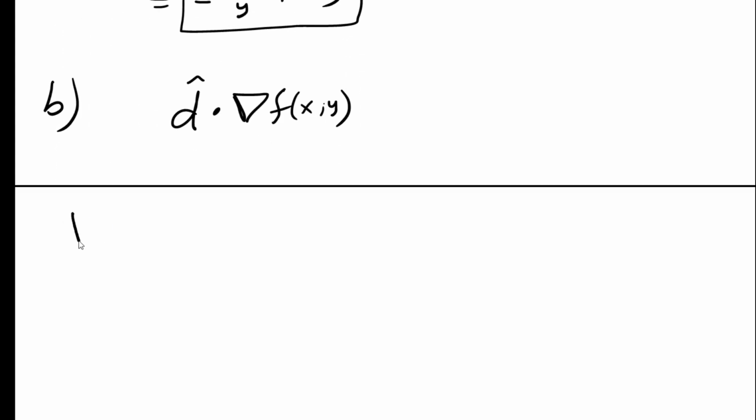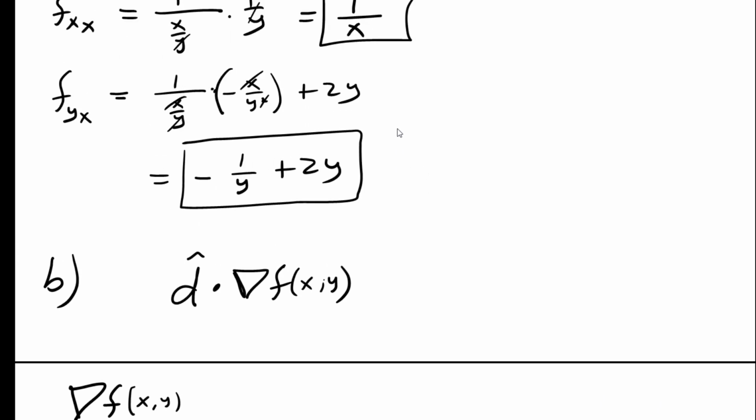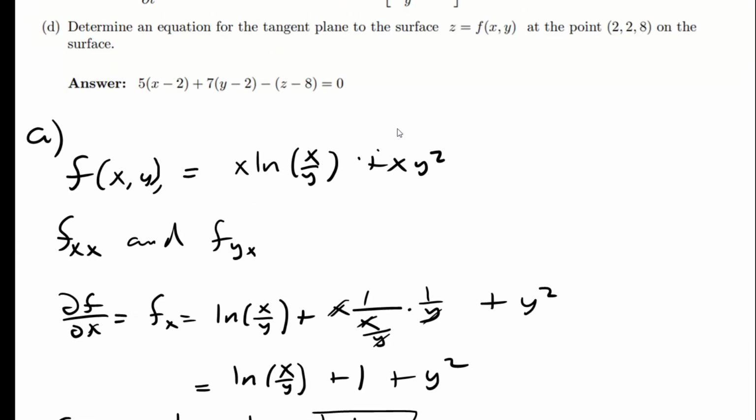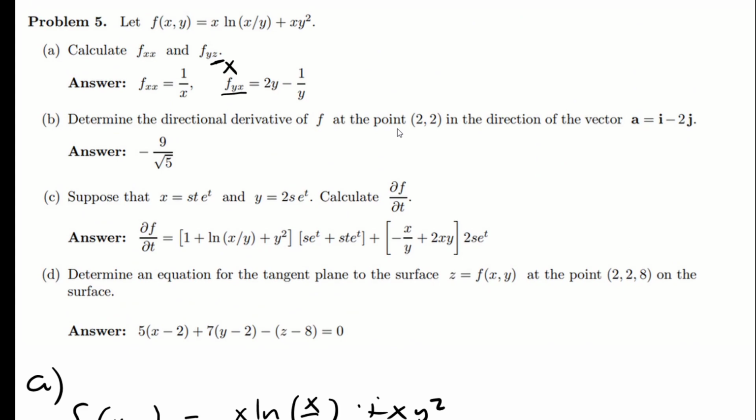So the gradient of f at (x, y), we'll plug in (2, 2) in just a second. Actually, let me copy the question down, just so that I can have it in view.